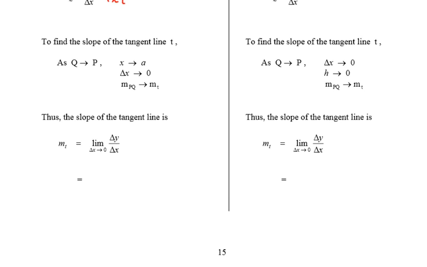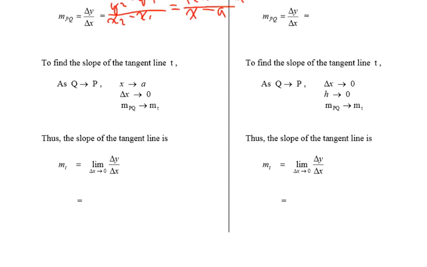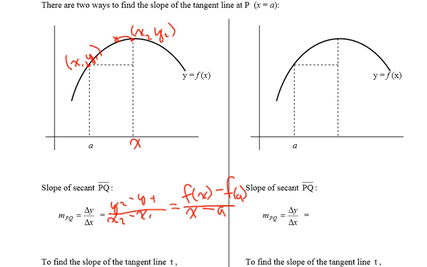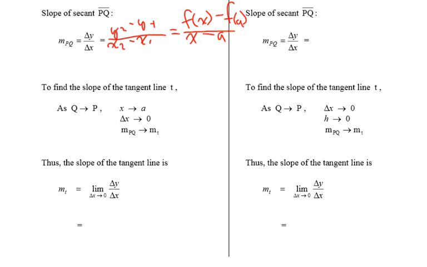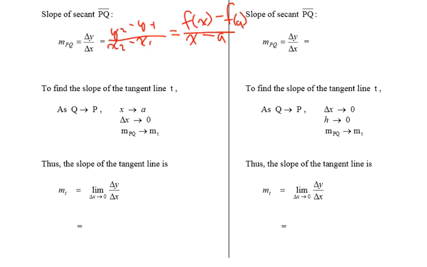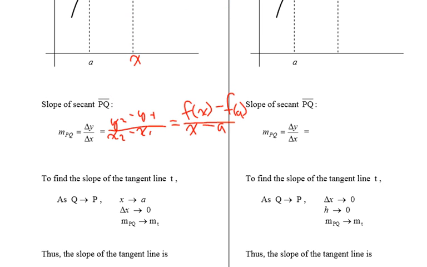So as q approaches p, that's this point here. I'm going to write in those names, q and p. As q approaches p, x approaches a. So x is getting closer and closer to a, and delta x is approaching 0.